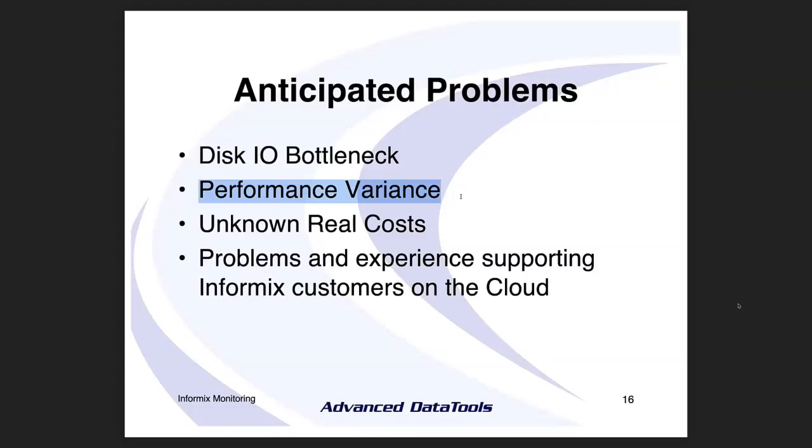The other problem is the unknown real cost. I had a friend who told me that he moved some servers to the cloud and then suddenly got a bill, and the bill was way more than he anticipated. That happened to me last month when I got my September bill. I had to do a double take and say, what was going on here? And again, there's some unknown costs.